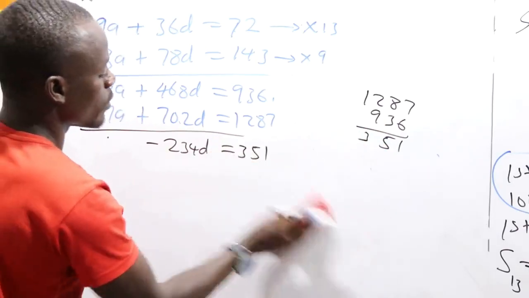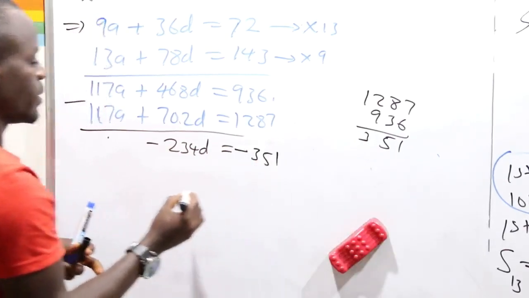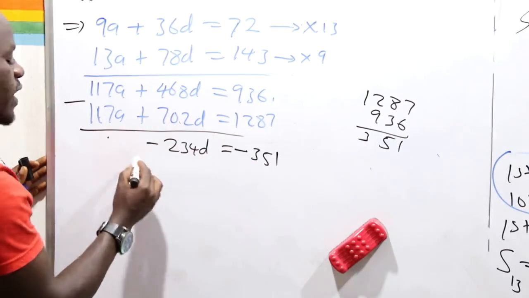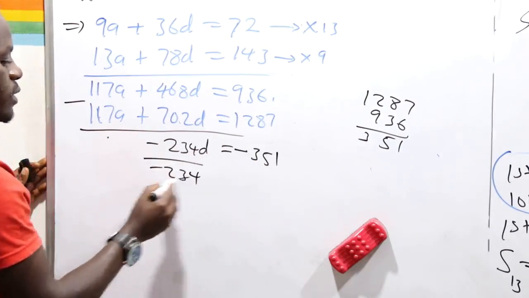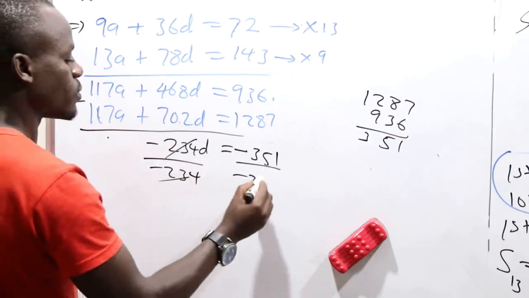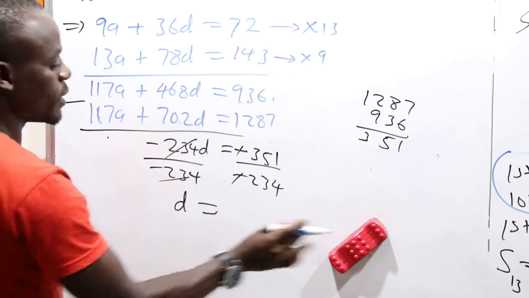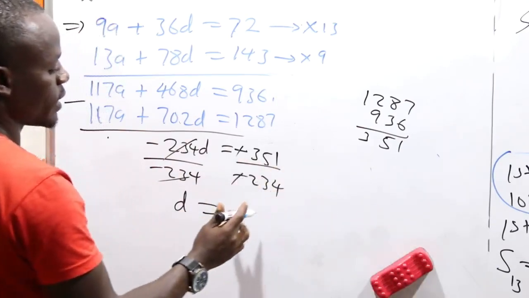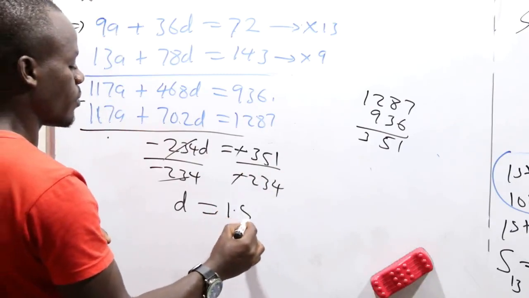And it's going to be minus as well, since this one is smaller. So if you divide both sides by minus 234, this minus will go with this minus. d will be 351 divided by 234, which will give us 1.5.